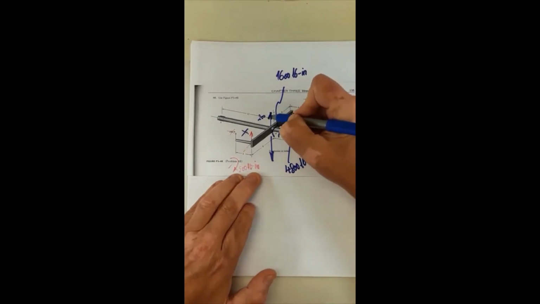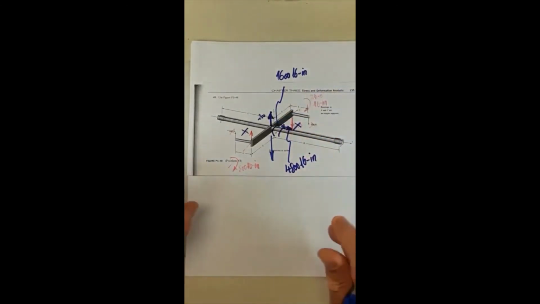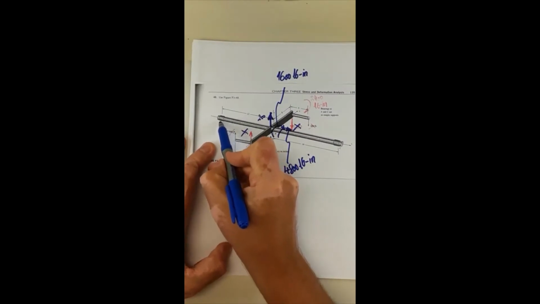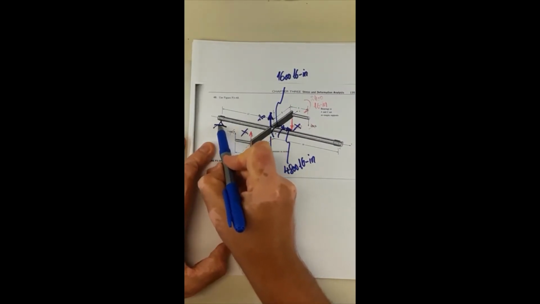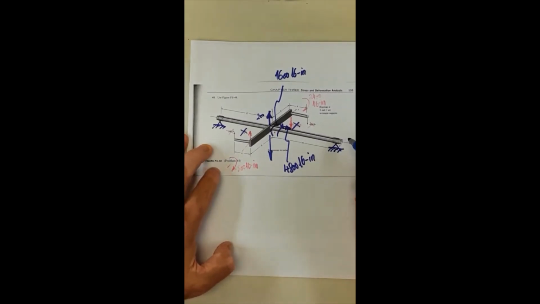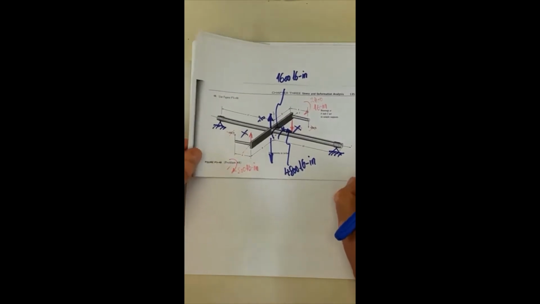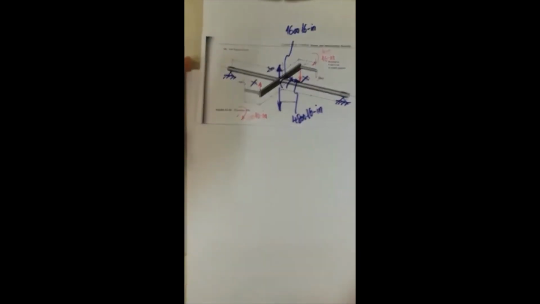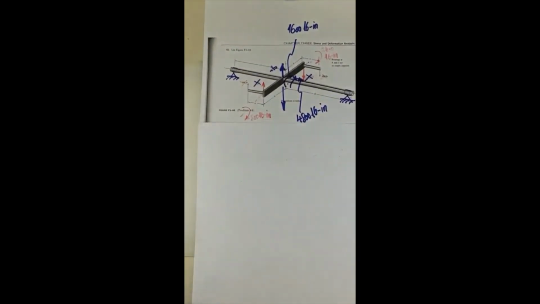Okay, so the ABC bar with simple supports at A and C, drawn in a two-dimensional view, not perspective view, will look like this.